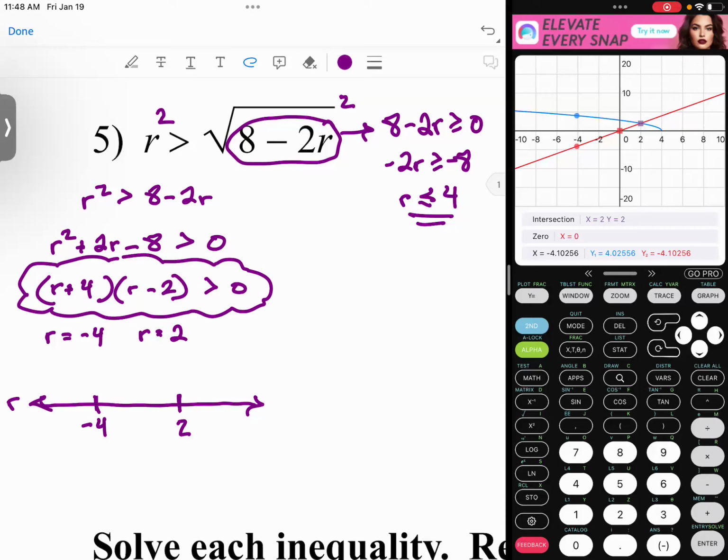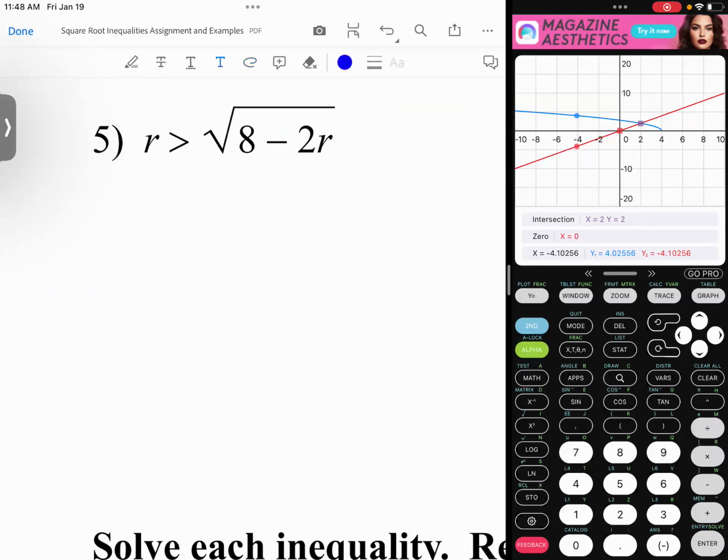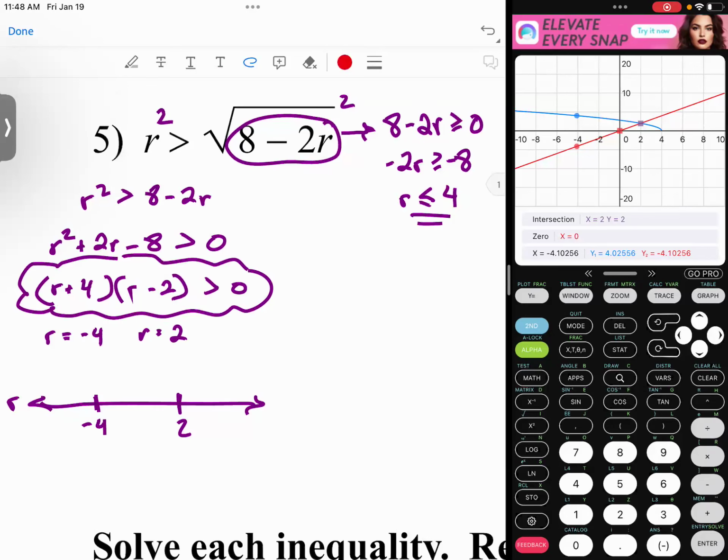If you pick a number on the left side of -4, let's say -5, and plug it in right here and right here, I would get -1 times -7, which is a positive number. It is greater than 0.